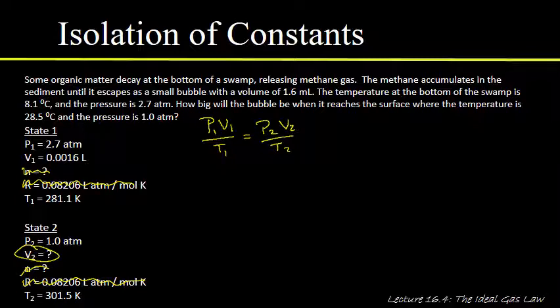All right, now if we want to get V2 by itself, we have to divide both sides by P2 and multiply both sides by T2. So V2, actually let me go ahead and write it over here.